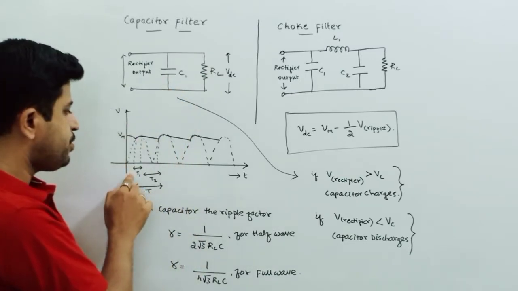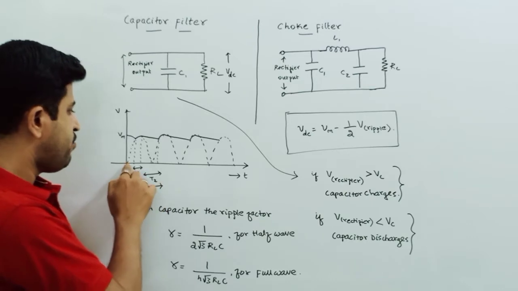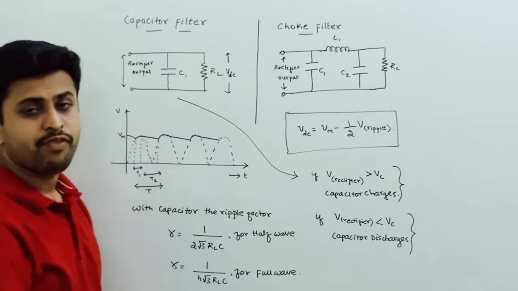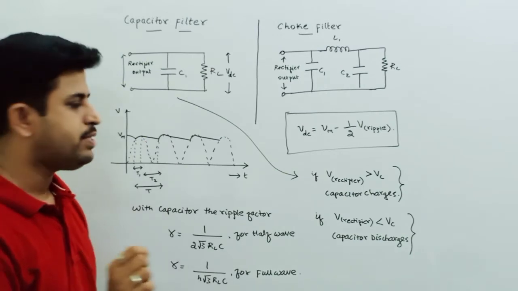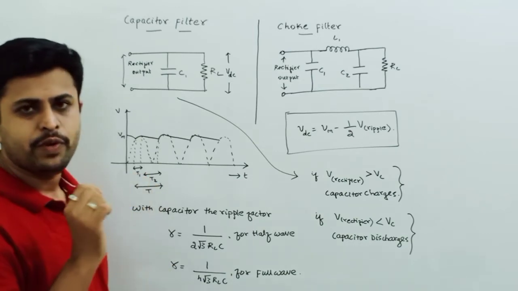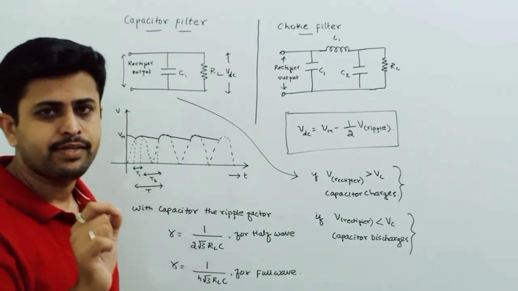You can see here during the time period T1, the rectifier output is more than VC. Therefore, during this duration the capacitor gets charged.